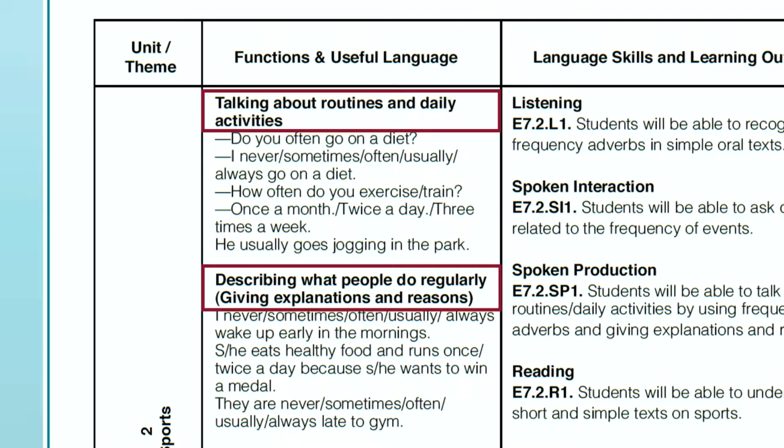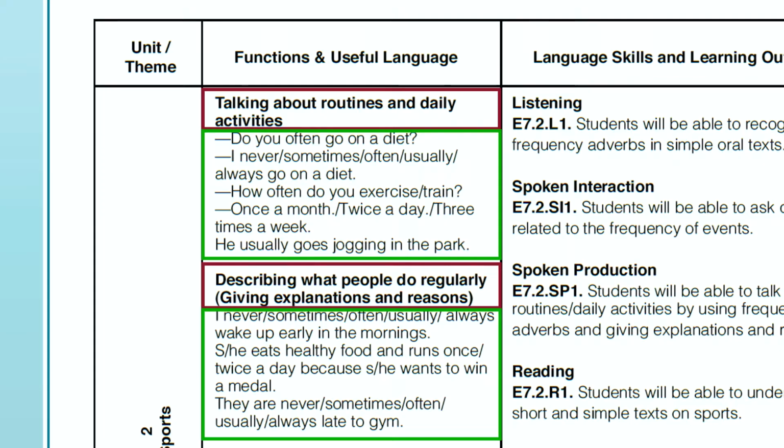In this unit, there are 2 main functions, and they are shown in red boxes. The first one is talking about routines and daily activities, and the second one is describing what people do regularly, giving explanations and reasons.